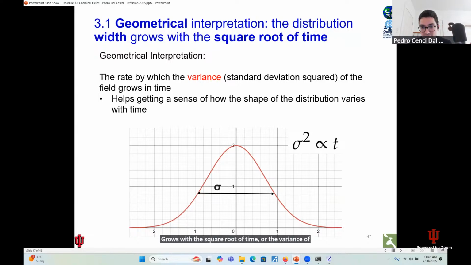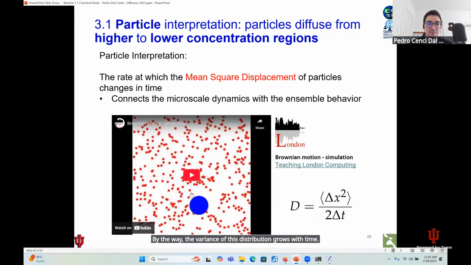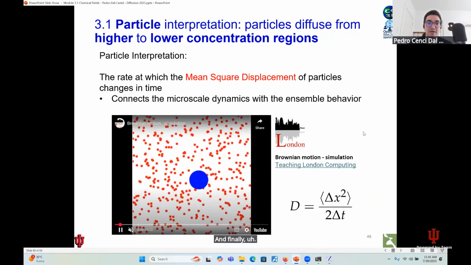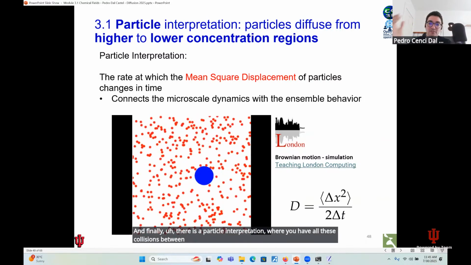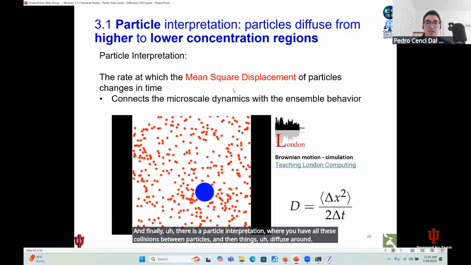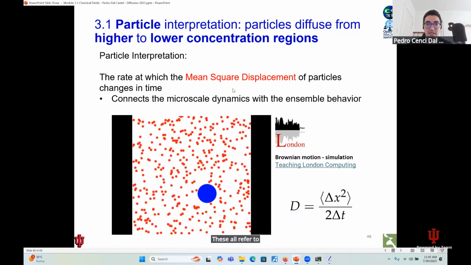This is a Gaussian, by the way. The variance of this distribution grows with time. And finally, there is a particle interpretation where you have all these collisions between particles and then things diffuse around. These all refer to the same idea of diffusion.